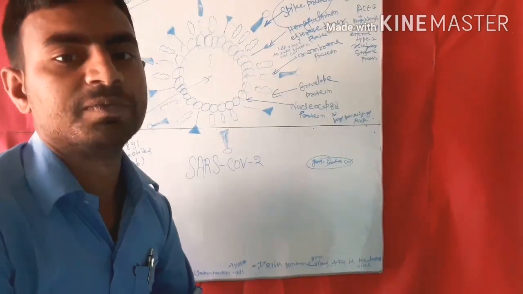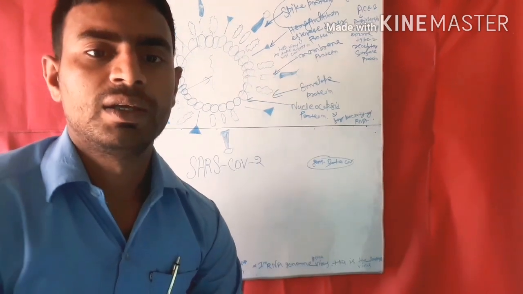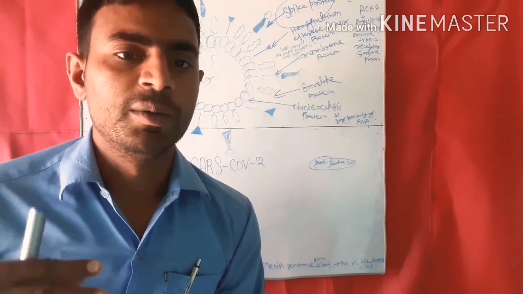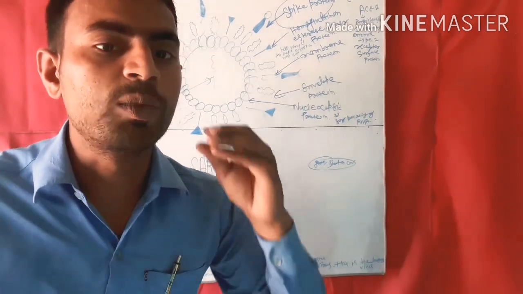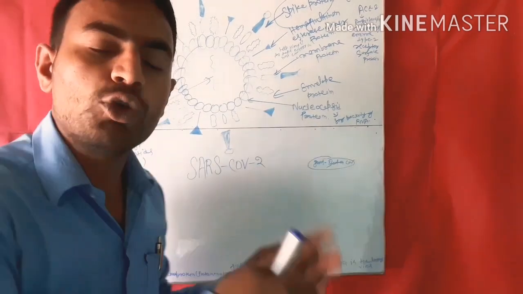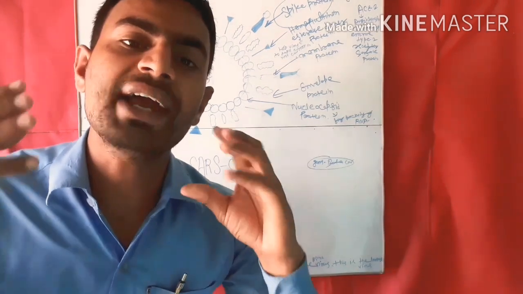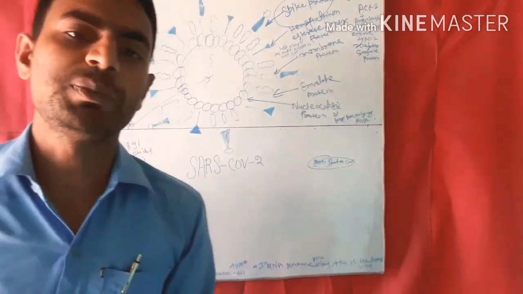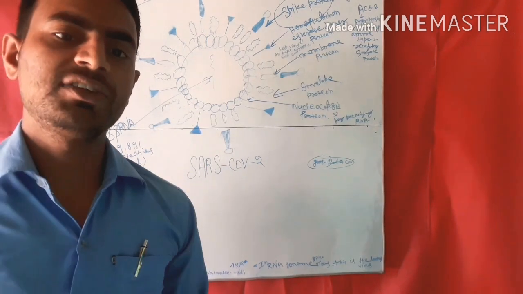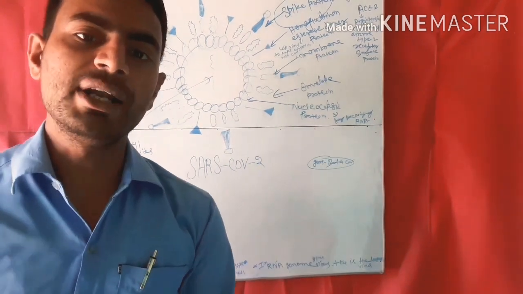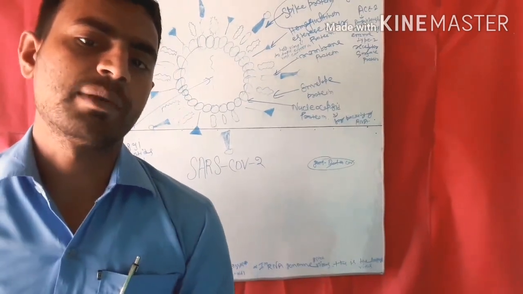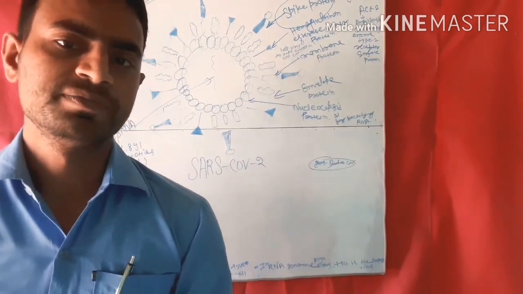Due to this, we are not affected by COVID-19 in the brain. This means COVID-19 is unable to affect our brain and testis because the barrier is present, and it is not able to cross those barriers and then affect that part or system.